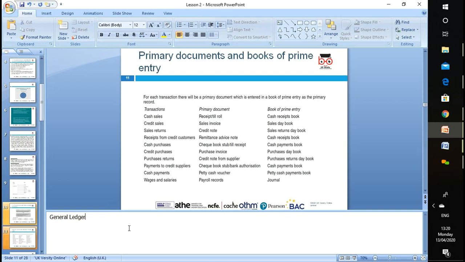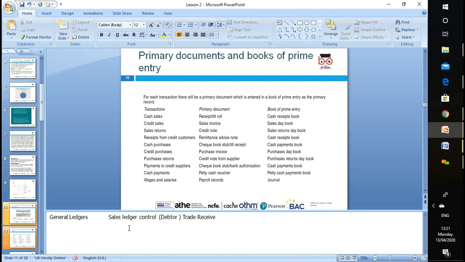Others are called journal ledgers. Journal ledgers means sales ledger control. You maybe heard the terminology called debtors, it means trade receivables.